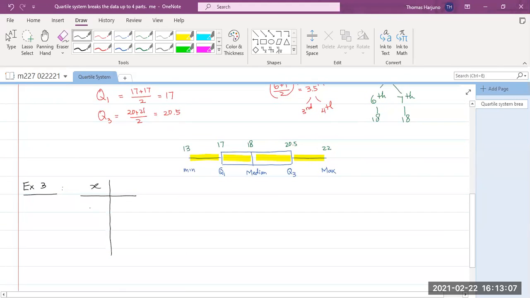X, let's say this is 13, 14, 15, 16, 17, and the frequencies are let's say 5, 7, 8, and then 11, 9.